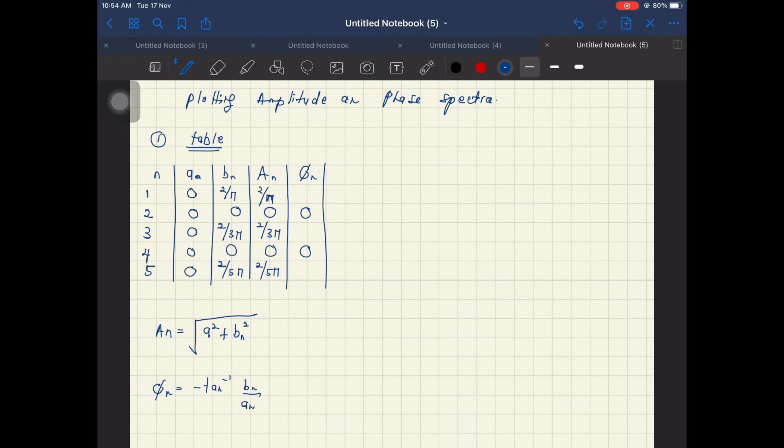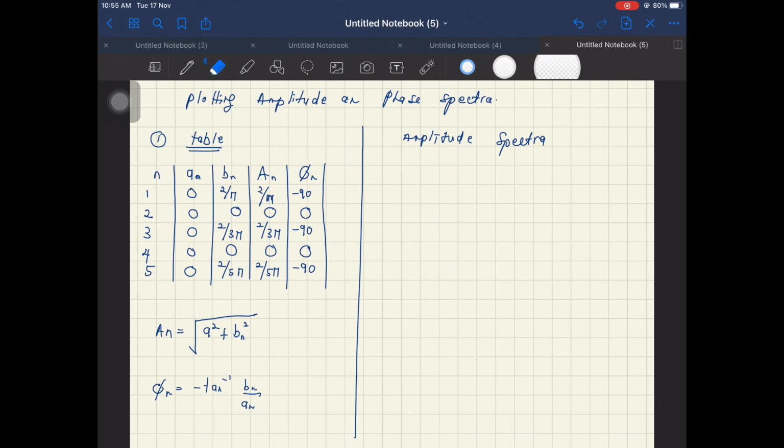Just to remind you, if we do arctangent of anything over 0, you will get a math error, because as you all know, we cannot divide anything by 0 because the answer will be infinity. So when you have an example like this, what you have to do is to do over 0.00001, which also means approximately 0. Do not put 0, put any value that is nearest to 0. 0.01 is also accepted. Then you will get all the values as negative 90.